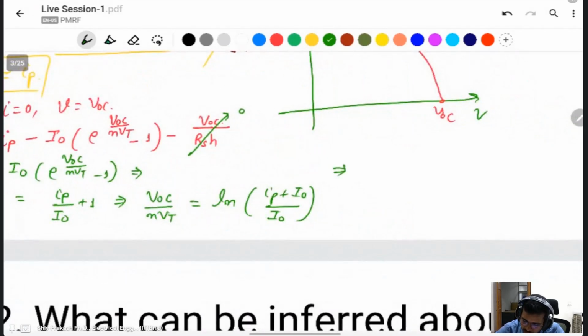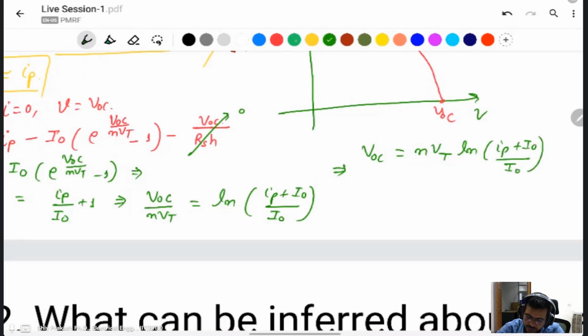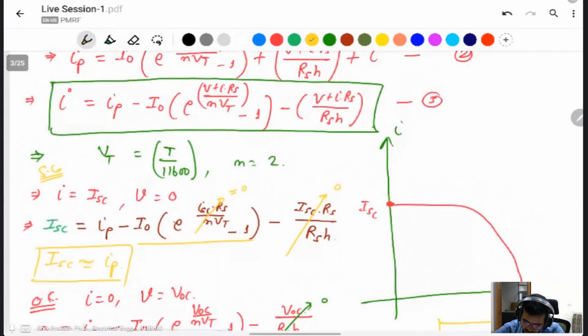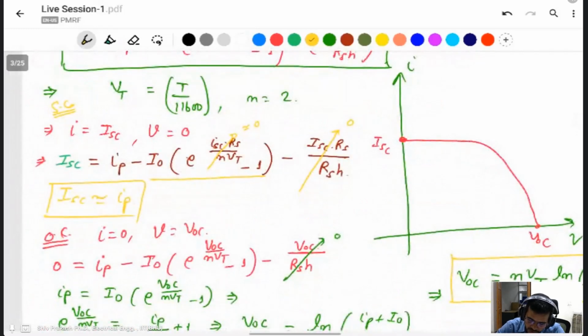From this equation you can find the open circuit voltage: VOC is NVT ln of (IP plus I naught) divided by I naught. So this is the equation of open circuit voltage, and this is the short circuit current.